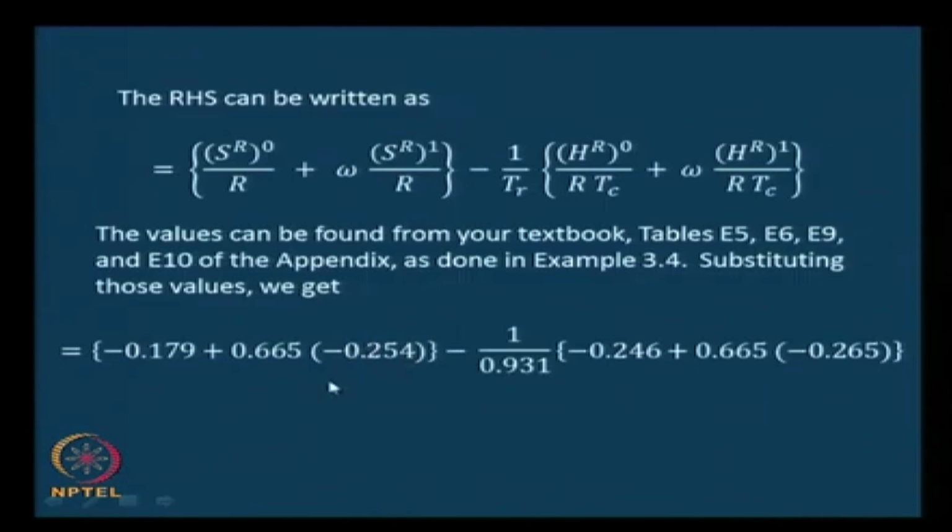We have already seen this in the previous example, and 1 by TR is 1 by 0.931. This term HR0 by RTC was minus 0.246 plus omega times HR1 by RTC, minus 0.265. This turns out to be 0.1053. What was on the left hand side was ln of phi1, and therefore phi1, which is the fugacity coefficient at 1, is the exponential of 0.1053, which turns out to be 1.111.